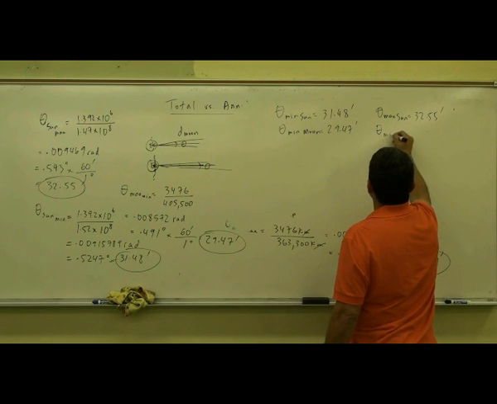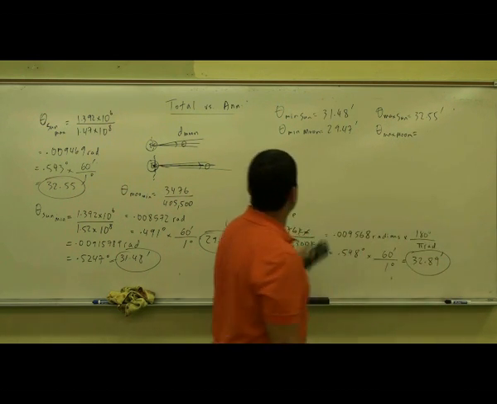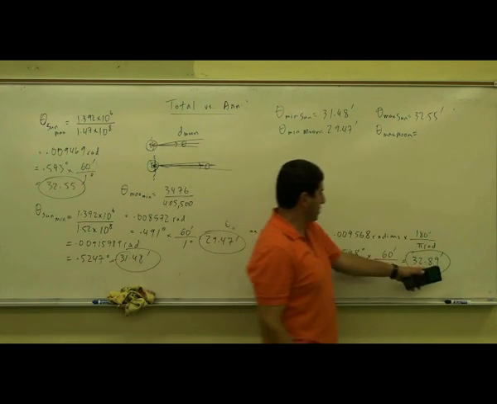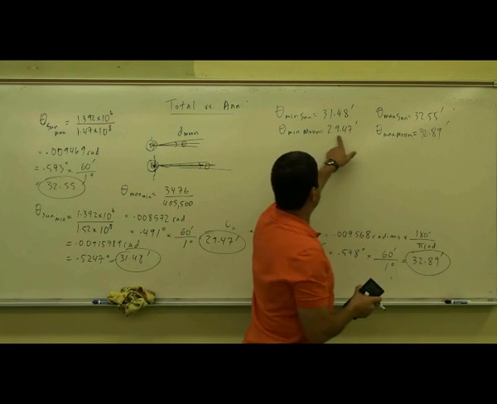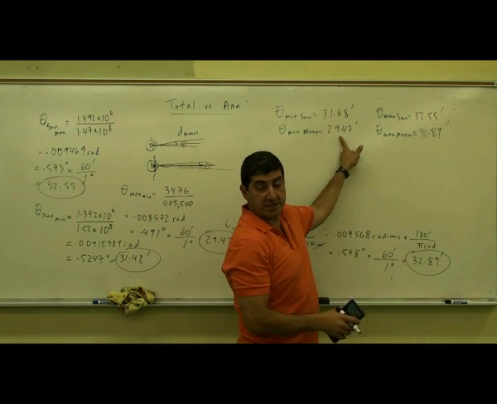Whereas the moon goes from 29.47 to 32.89. So look at the difference here. That's a difference of 3 arc minutes.